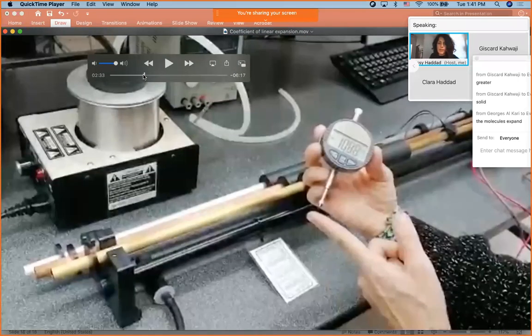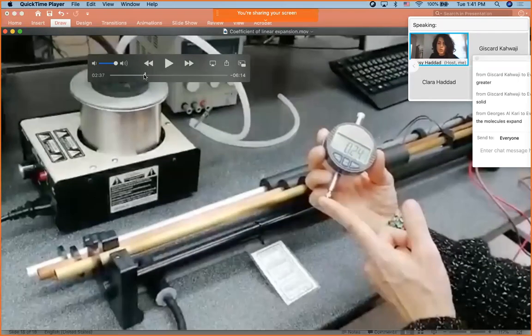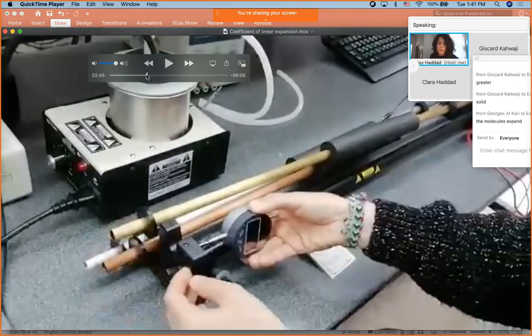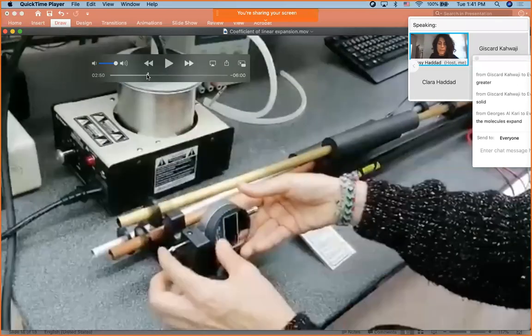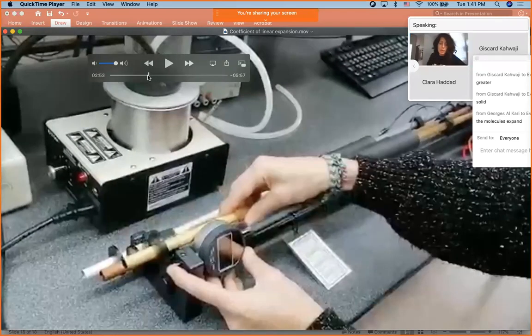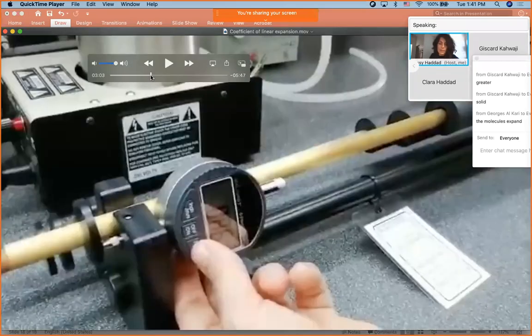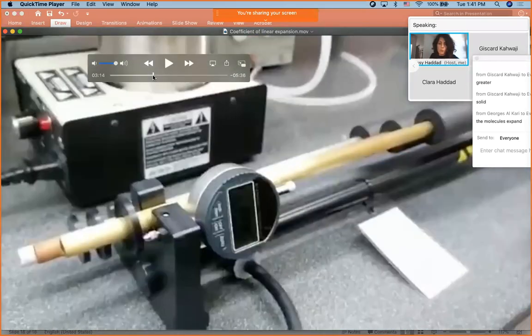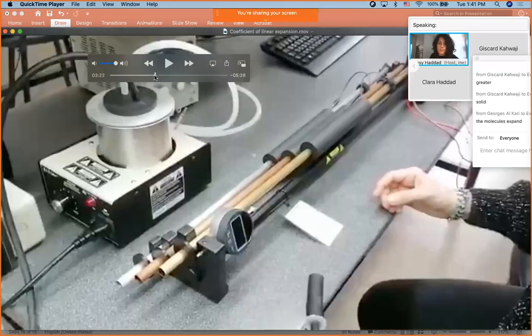This is the dial gauge. I'm touching it to show you how the measurements are gonna happen, how I put it on my bench, and how I clip it inside, put the rod on it, and then release it, and then zero it to start taking measurements whenever the rod starts increasing in size.